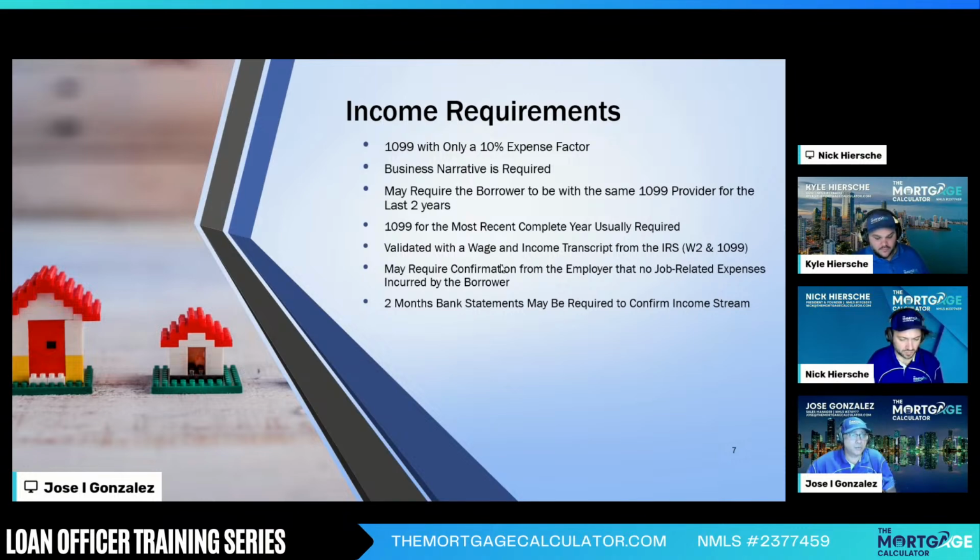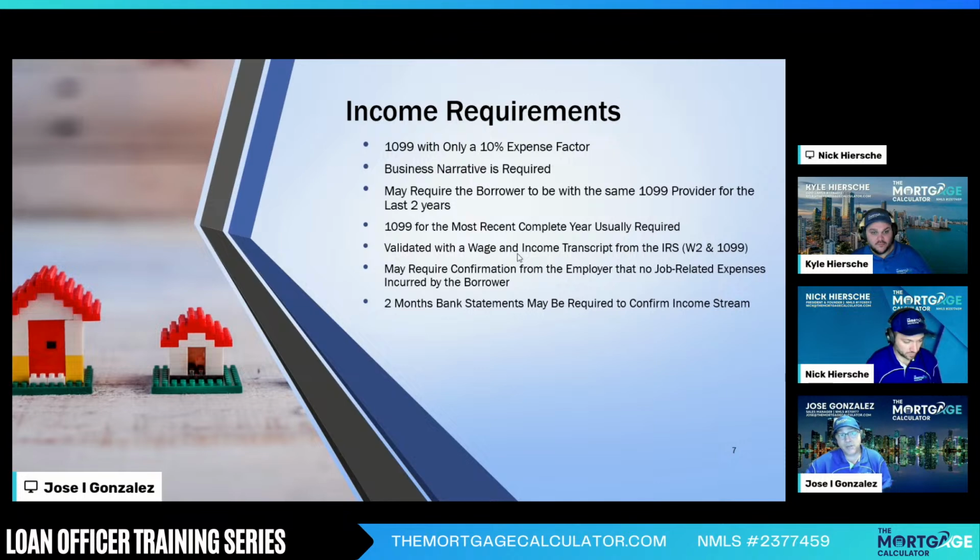And we already touched base on the wage and income transcripts, W 2 and 1099 only. Sometimes they do require confirmation from the employer that the borrower does not have any job related expenses because those would be deducted from the gross.